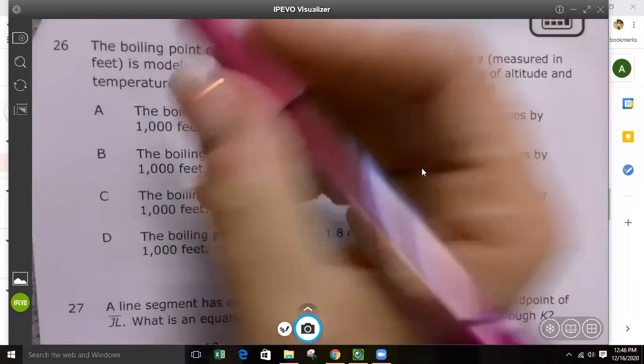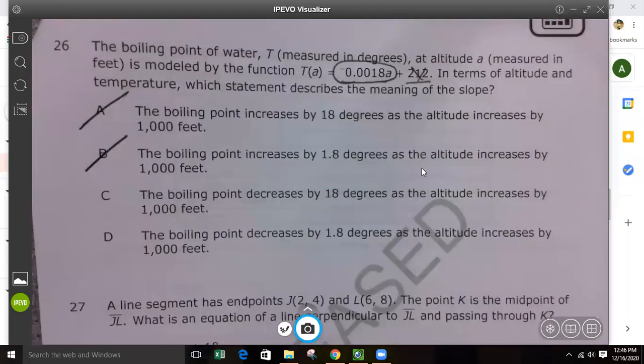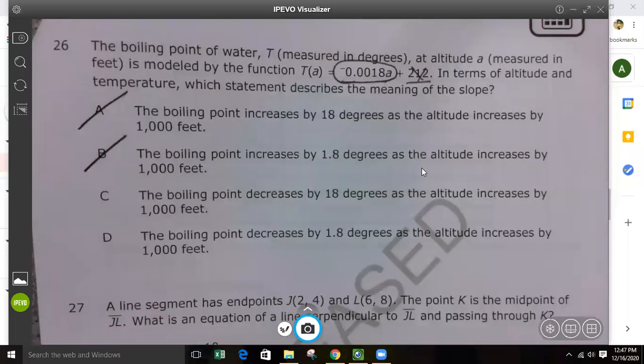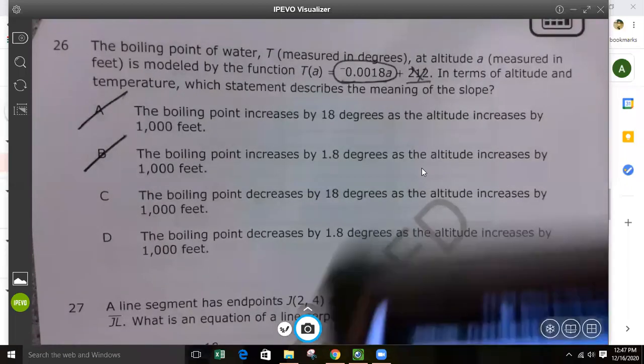Decreasing. Thank you. So we can mark out A and B because it's got to be decreasing because it's going down. So negative means down. And then how do you figure out, is it 18 over 1,000 or is it 1.8 over 1,000? The way that you figure that out is you literally just put it in your calculator and see which one gives you that decimal.